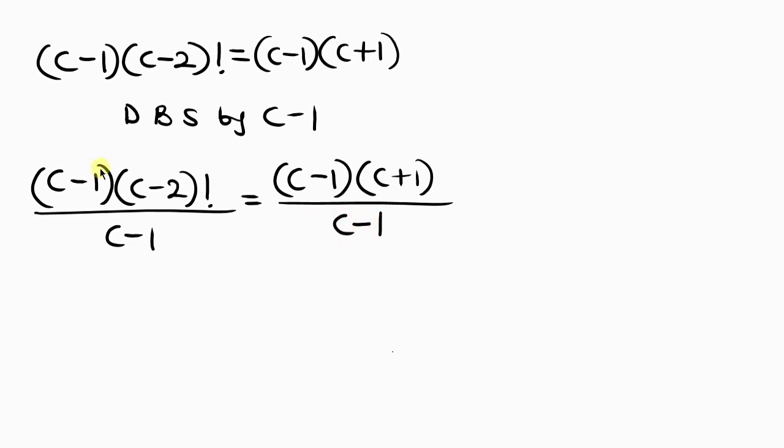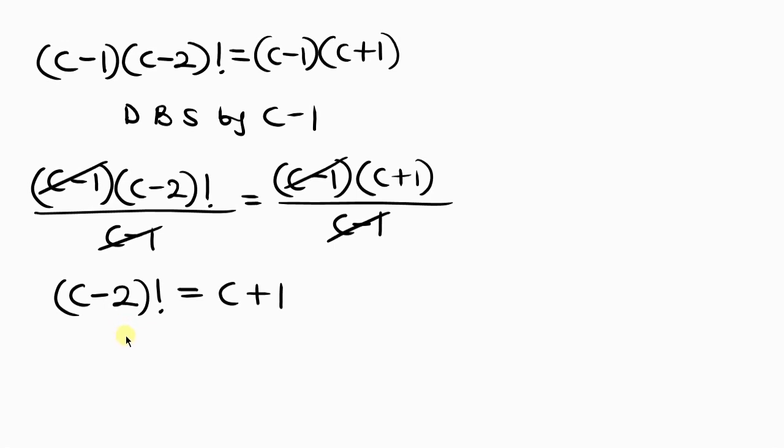Now notice that c minus 1 can cancel out, leaving behind on the left c minus 2 factorial equal to, on the right hand side, c minus 1 can cancel out, leaving behind c plus 1.